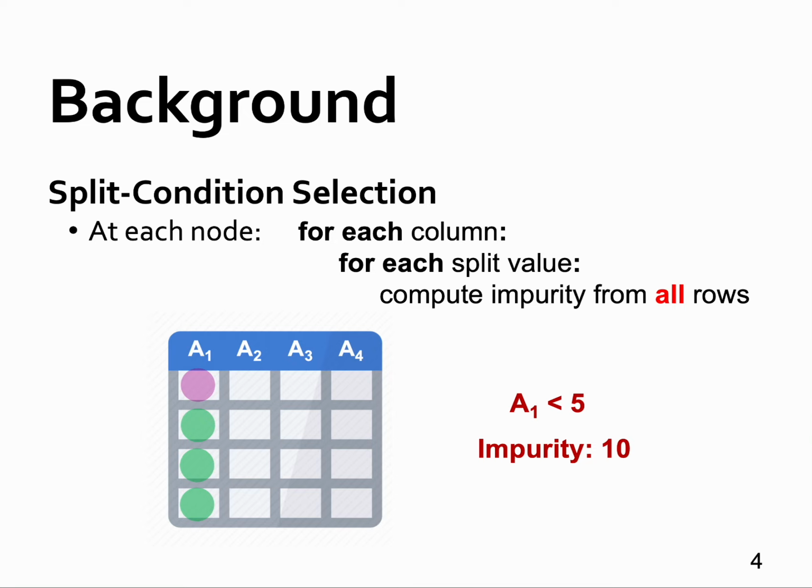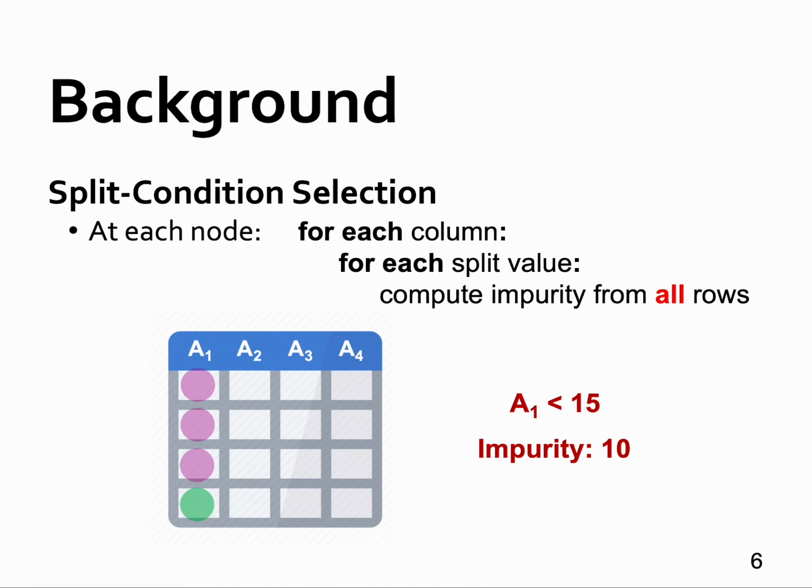Recall that at each node, we compute a condition to split the rows into the left and the right child nodes. Here we review how such a split condition is calculated. Consider A1, where we try different split conditions and their resulting impurity scores, such as entropy and variance. Here, A1 less than 5 leads to an impurity of 10. A1 less than 10 leads to an impurity of 5, which is smaller.